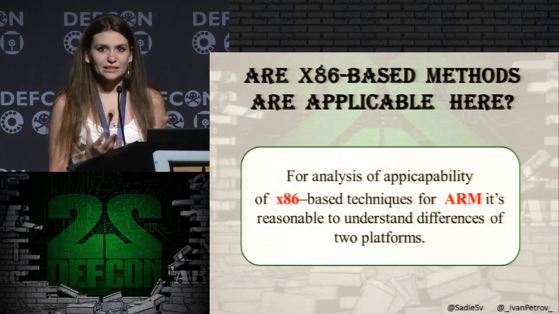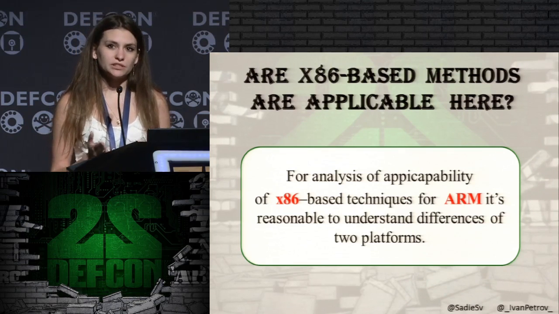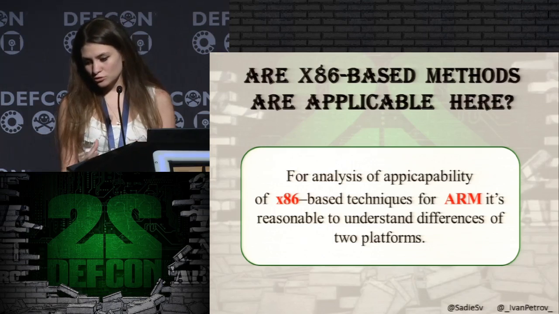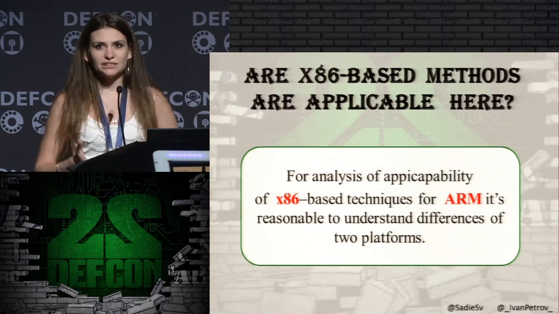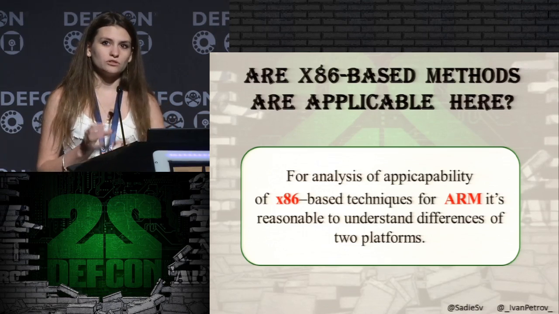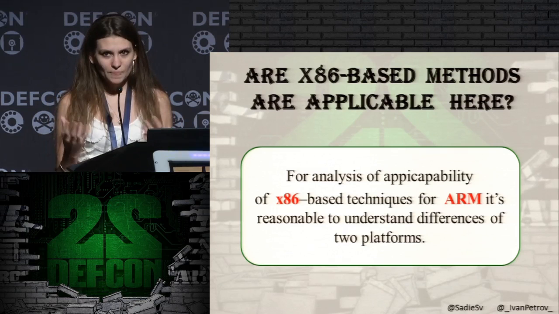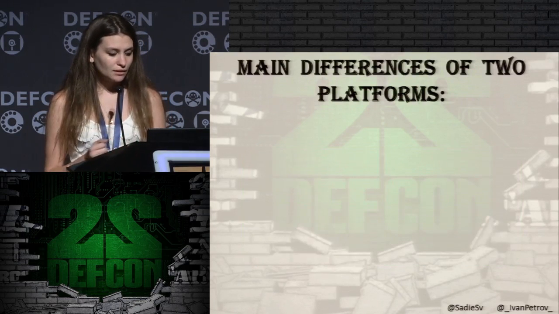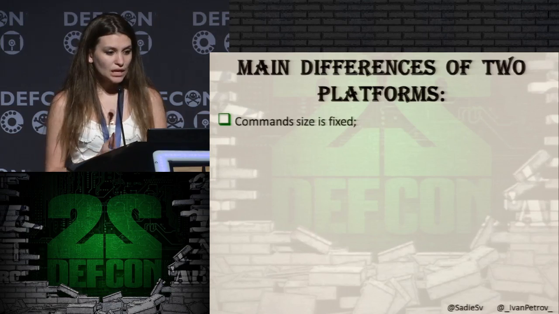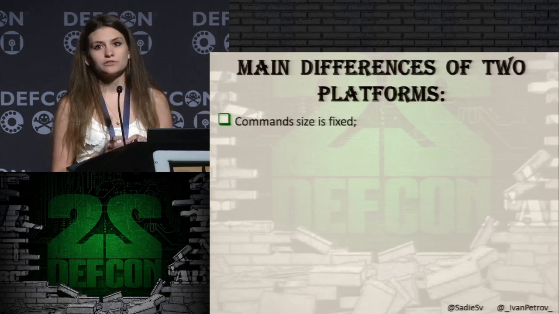So first of all, as I mentioned before, we want to understand how two platforms differ from each other. Of course, they are two absolutely different platforms, and the number of differences is huge, but we want to focus on those that can possibly impact how shellcode looks. So let's briefly discuss it. First of all, the instruction size in ARM platform is fixed.